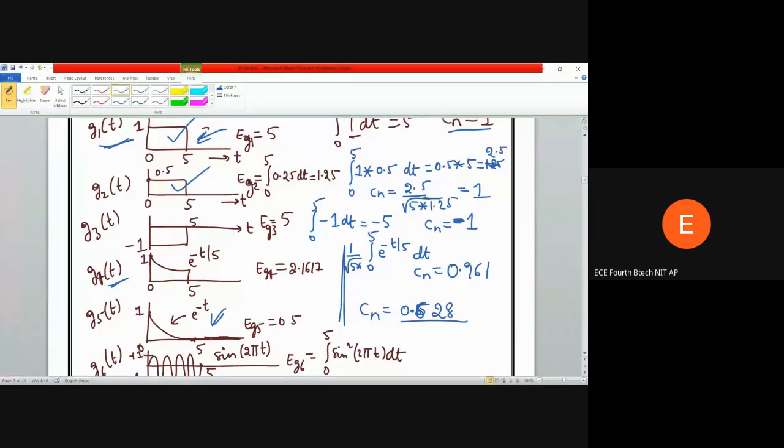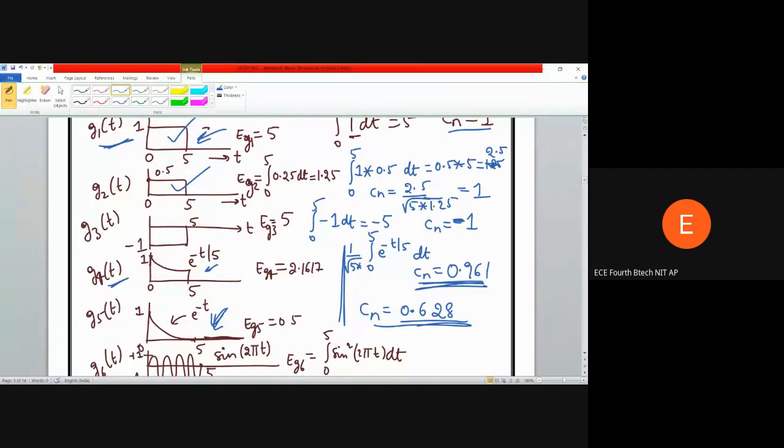So if you compare the argument that we have made, g5 of t is going to have less similarity index compared with g4 of t with respect to the signal x of t. So these are the correlation coefficients we are going to have. That means g4 of t is very close to the original signal x of t, and this is less similar compared with g4 of t.